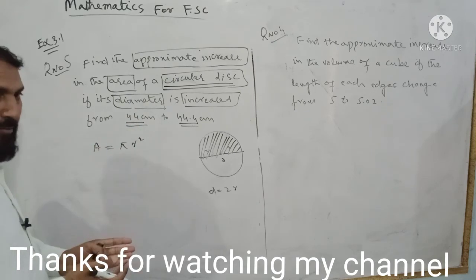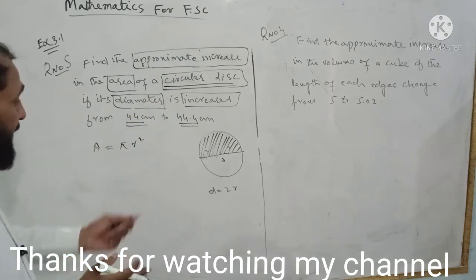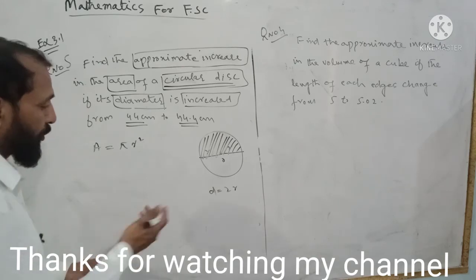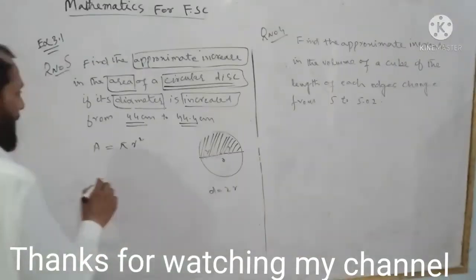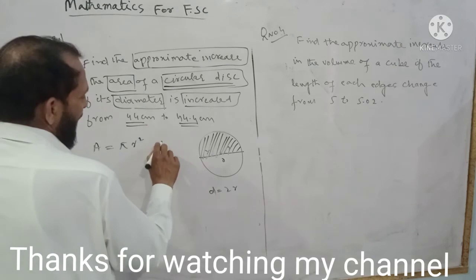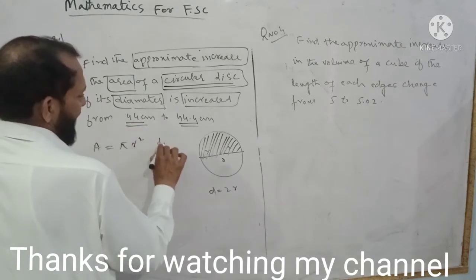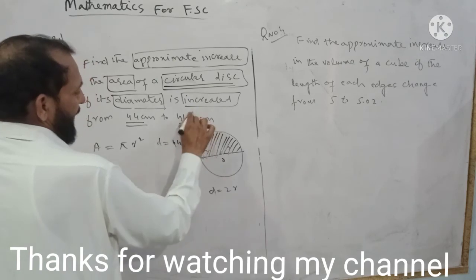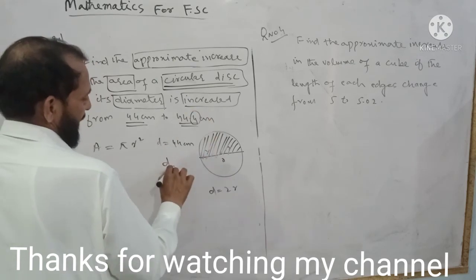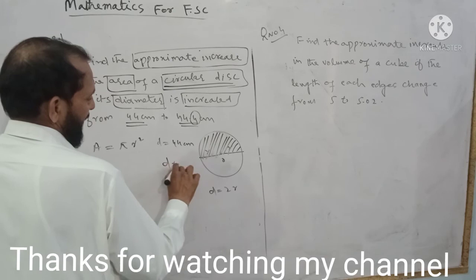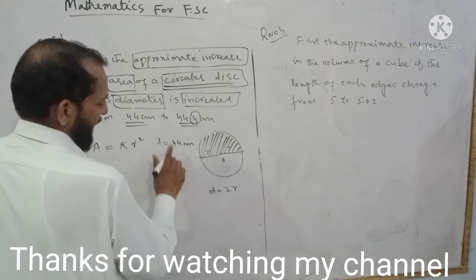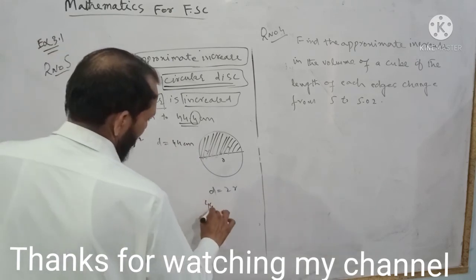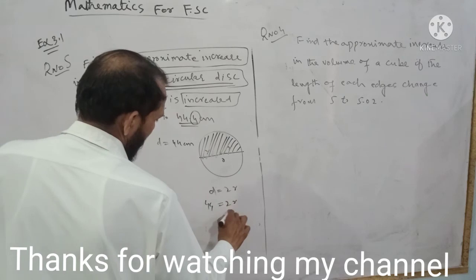The diameter is given but the radius is not given. First of all we find the radius. So the diameter change in centimeters, and this is dr. First of all we can write d as 2r.